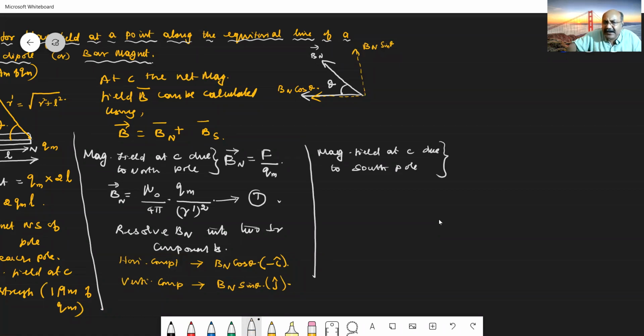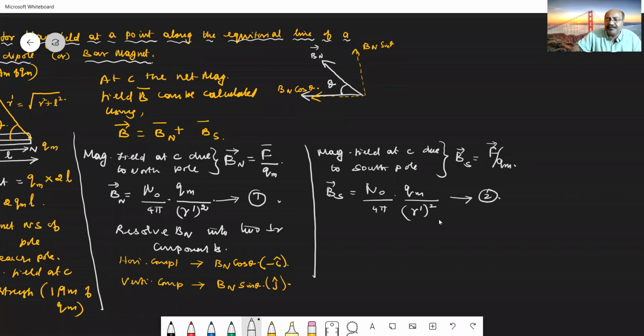The magnetic field at C due to South Pole is BS vector, which is equal to force F vector divided by pole strength. Look at the diagram and write BS vector is equal to the same magnitude, mu0 divided by 4 pi into Qm divided by R dash square. Take this as equation number 2.